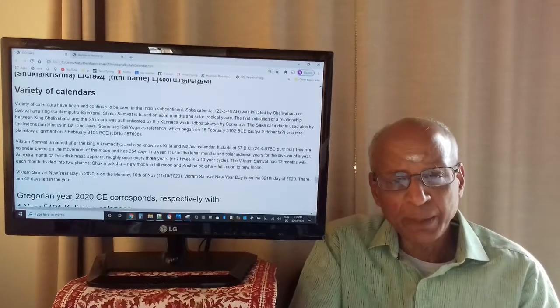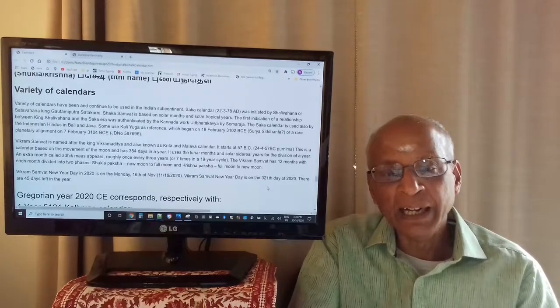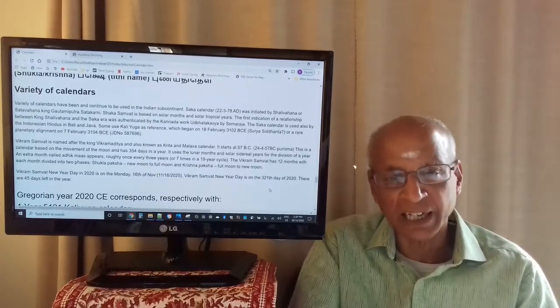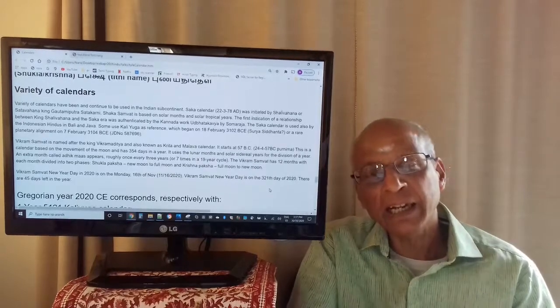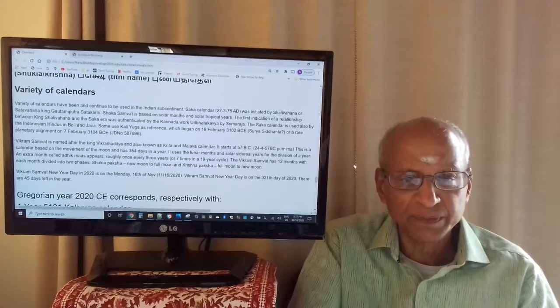It is a very popular calendar. The Indian national calendar is the Saka calendar, and it works well with the Gregorian calendar.